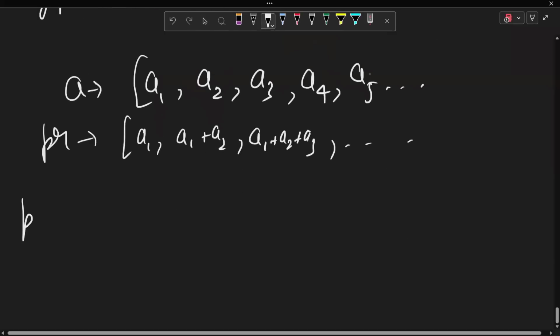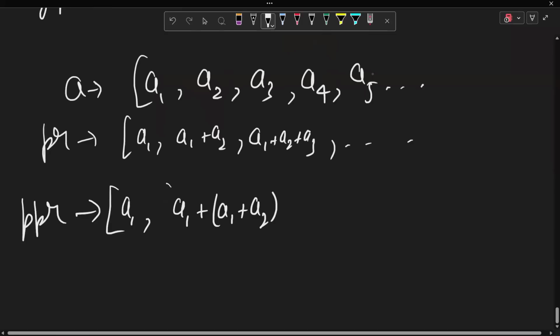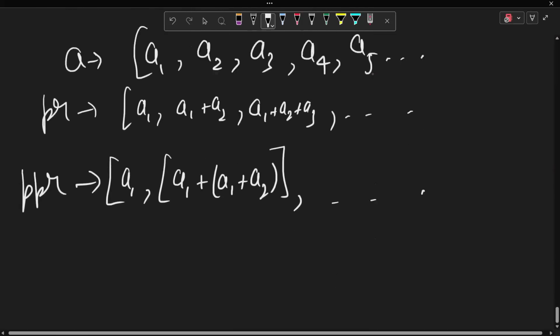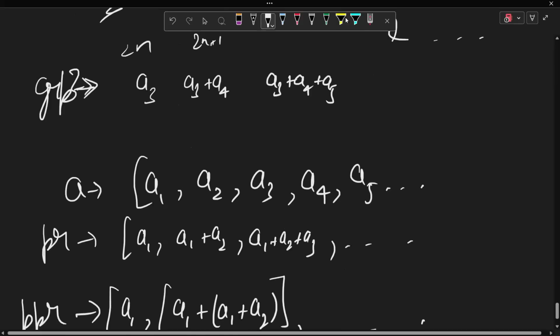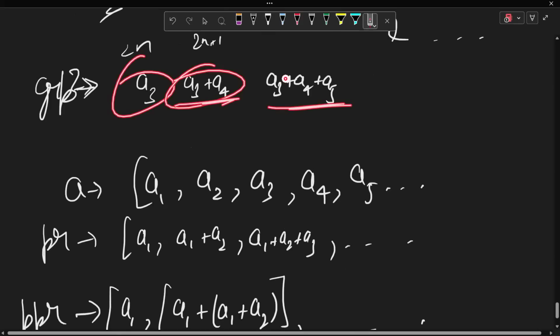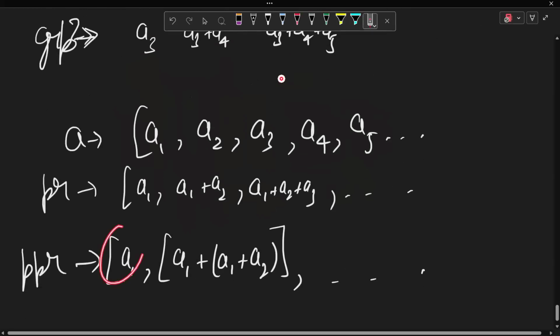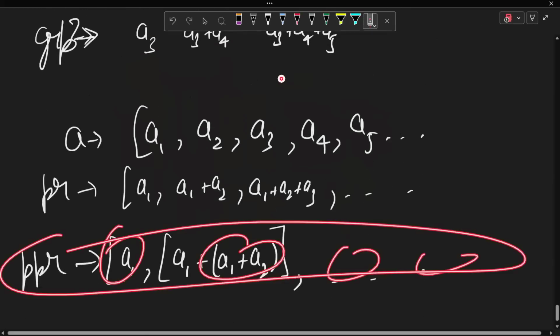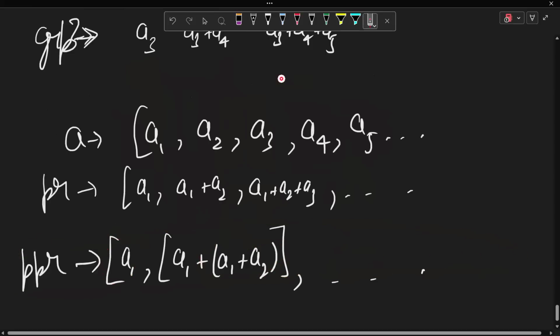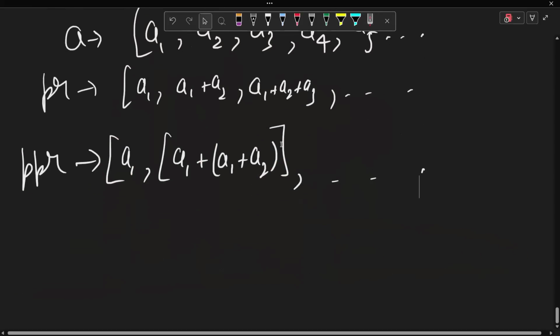Then I took the prefix sum of this prefix sum, which is storing A1 here, then A1 plus A1 plus A2 stored in the second index, likewise. What I need to compute is this sum: A3, plus A3 plus A4, plus A3 plus A4 plus A5. You can see it is a pattern of multiplicity of different numbers, 3 to 1 in sequence.